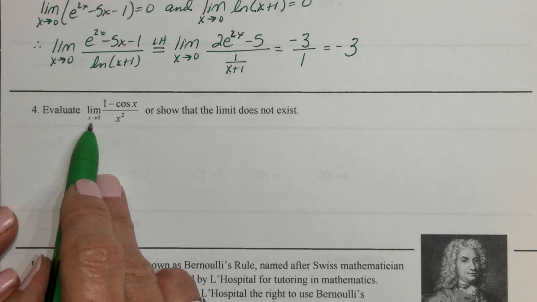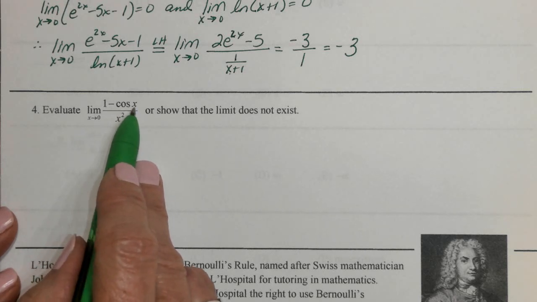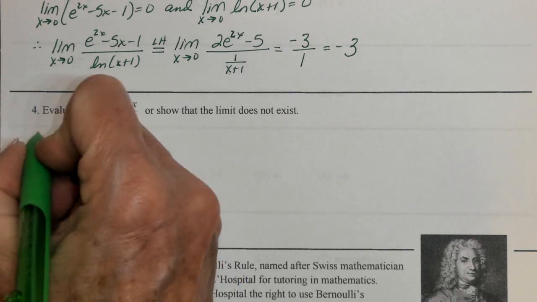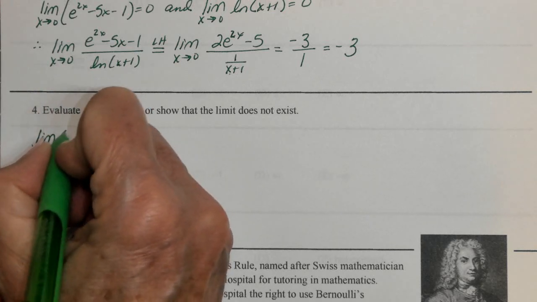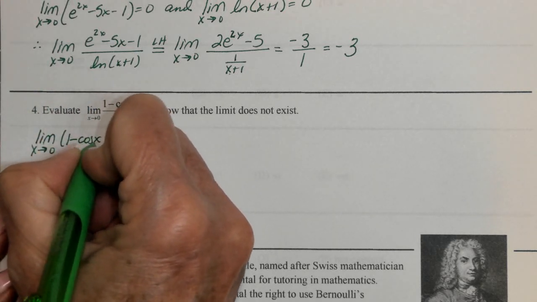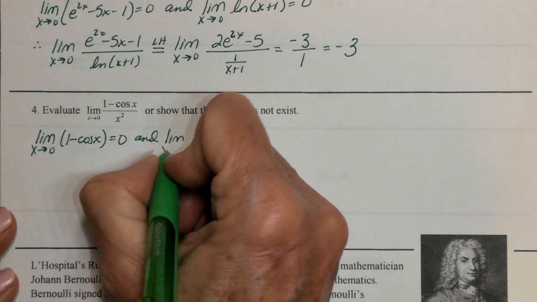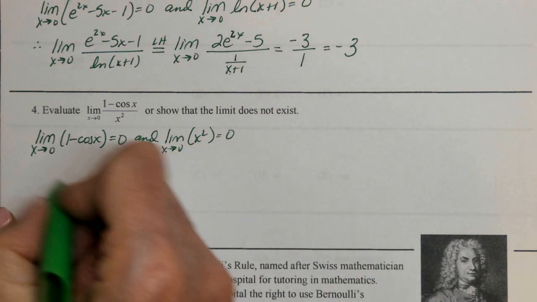Okay. As x approaches 0, cosine of 0 is 1. 1 minus 1 is 0 over 0. Both the top and the bottom are 0. So the limit as x approaches 0 of just the top is 0, and the limit of just the bottom is 0.